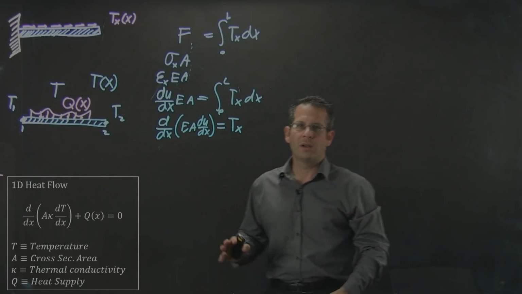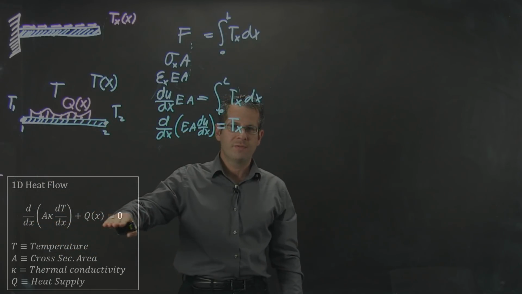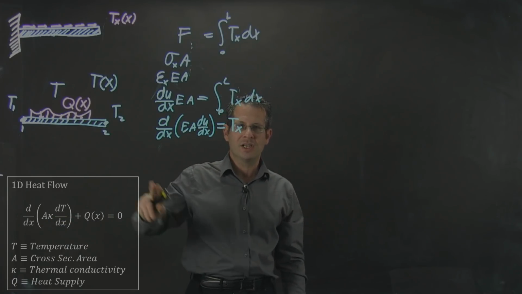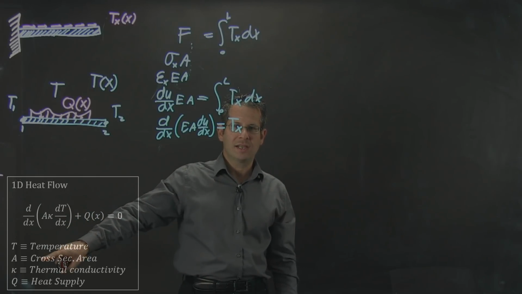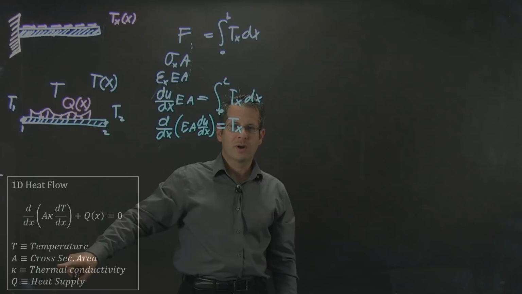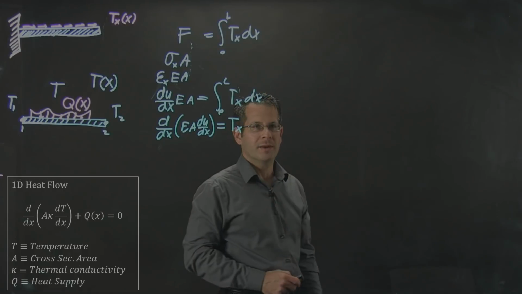This is a well-known physical problem. There's a differential equation for it that has been derived in a similar way that I derived this differential equation. Here, again, T is for temperature, A is cross-sectional area, kappa stands for the thermal conductivity, and Q is my heat supply.